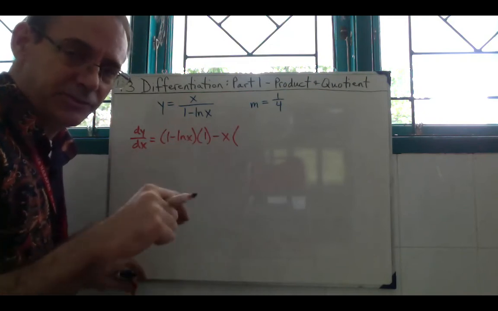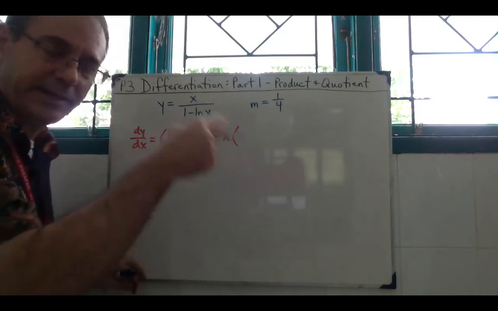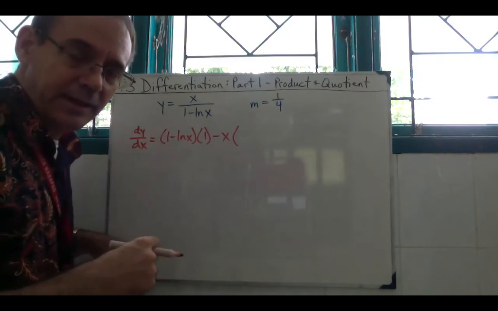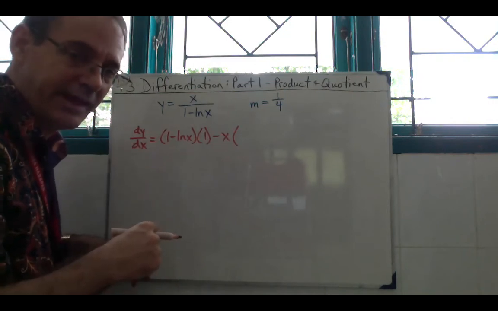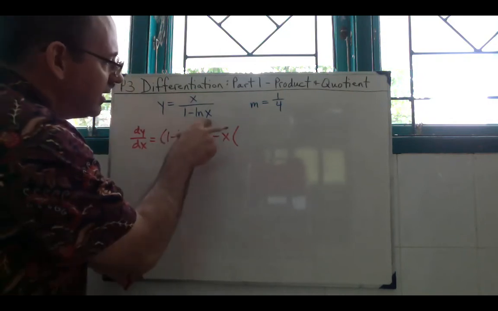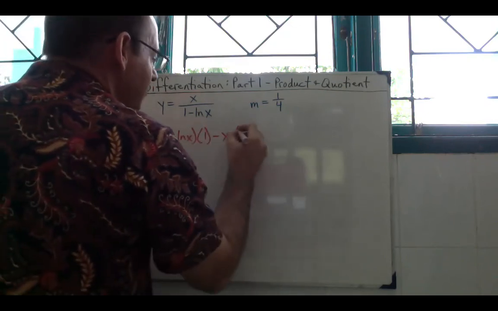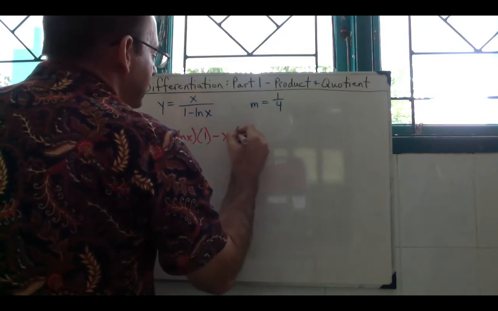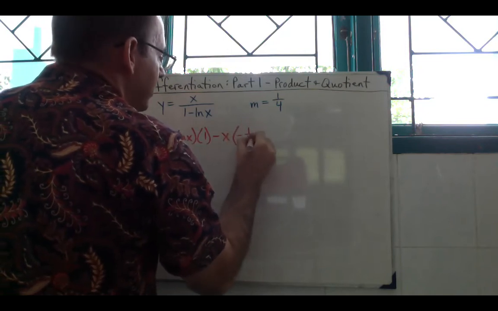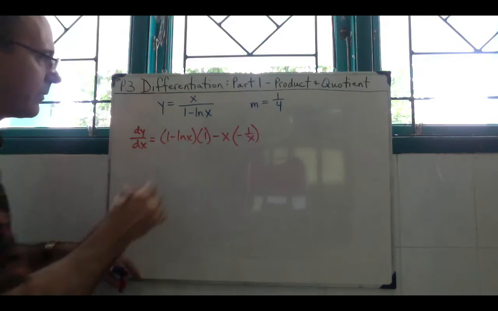So you might need to look at your formula sheet. You also might need to go back to the video where we covered that with logarithms. And so the derivative of ln x is 1/x. So we get a negative 1/x here.